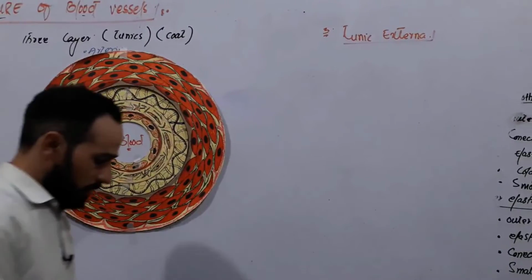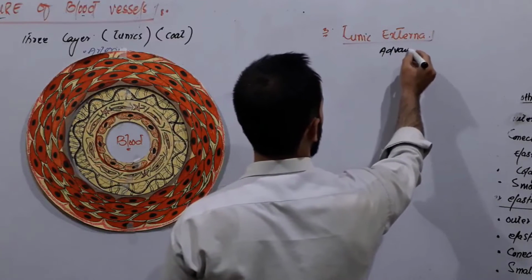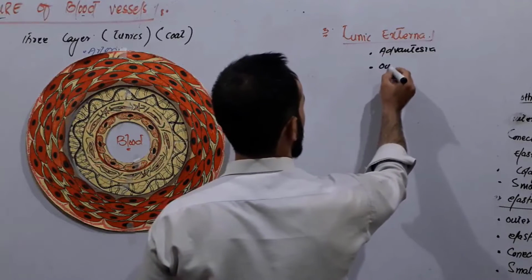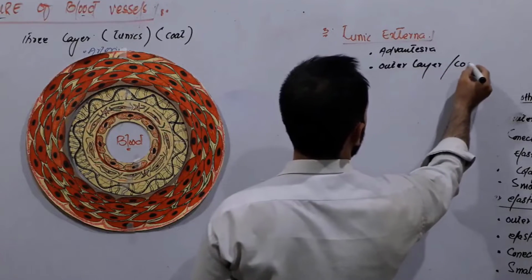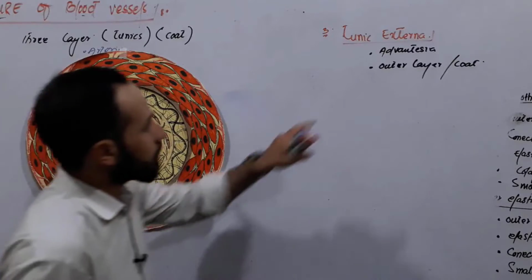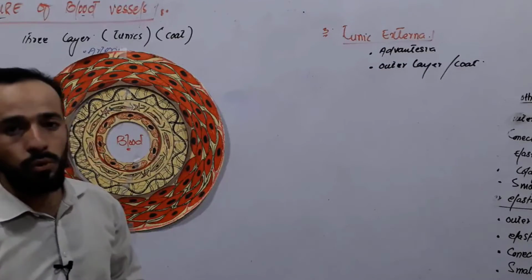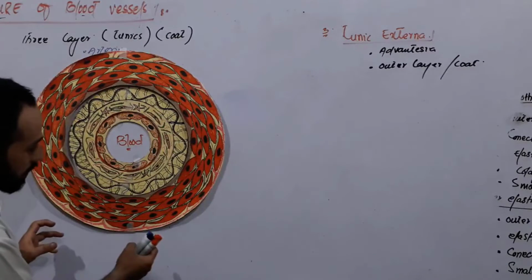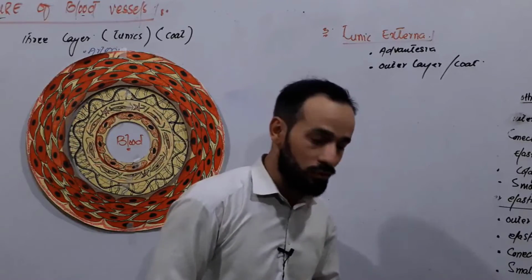This layer is also known as adventitia, or outer layer, or coat. Okay, so tunica externa is also known as tunica adventitia or outer layer or outer coat of these blood vessels. I will put it a little after. First of all, we go into detail of this, what is it composed of.